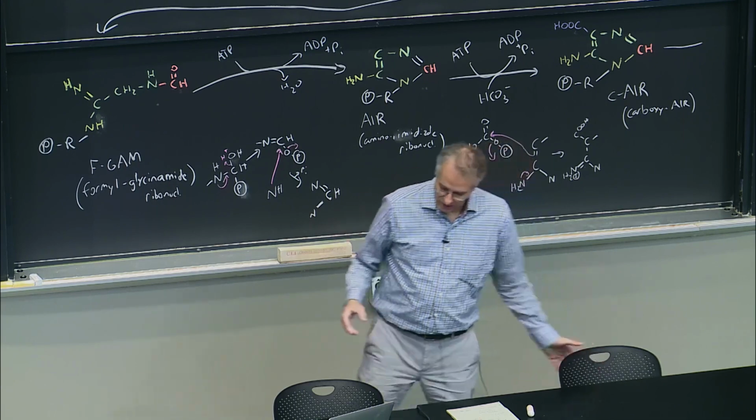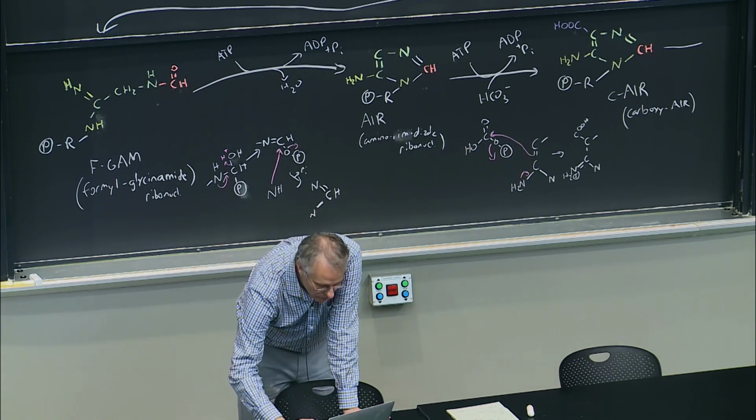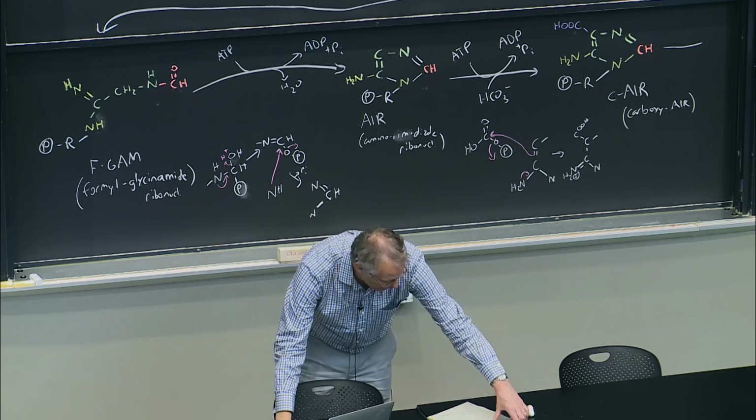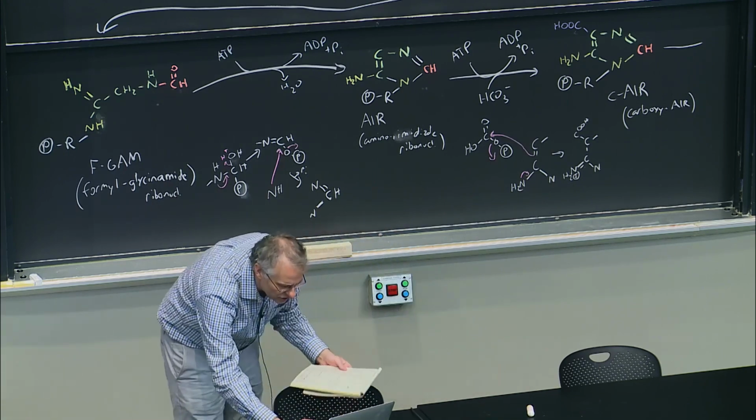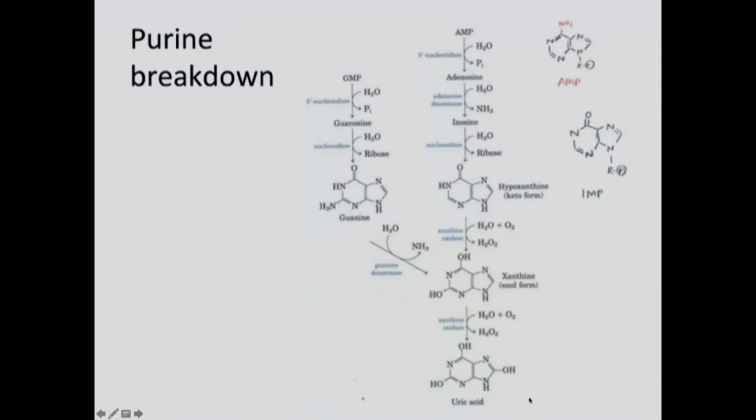I don't have time to get into all the details of purine breakdown, although here are some things. I just summarized it here for you on this slide. Basically, you start from AMP, you take the phosphate off, you end up generating adenosine, you end up going to inosine, remove the ribose, then you get another base.